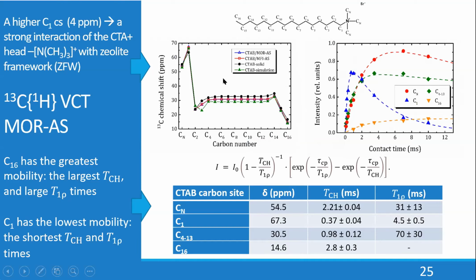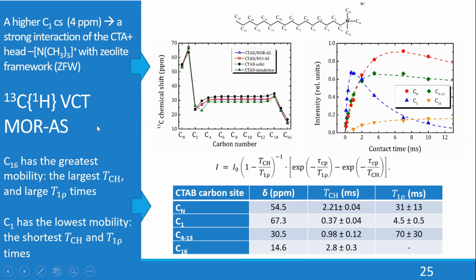Here we can see that there is no strong difference between the mordenite and MFI samples, and also the reference data from other publications, but there is some difference with liquid CETA molecules. And this shift that we observe for the C1 carbon also points out that there is a strong interaction of this cetyltrimethylammonium head with the zeolite framework.